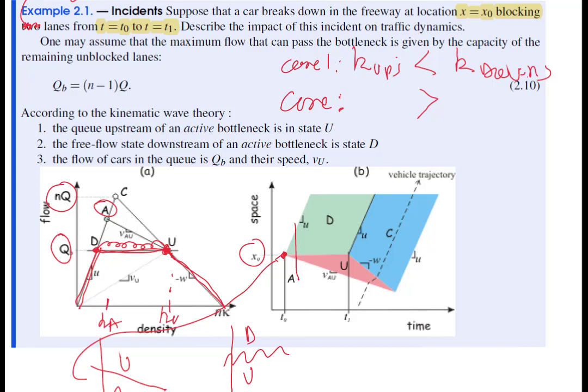And you see here that something similar happens in that all the densities here have the same wave speed, which is 0 in this case, the slope of this line.